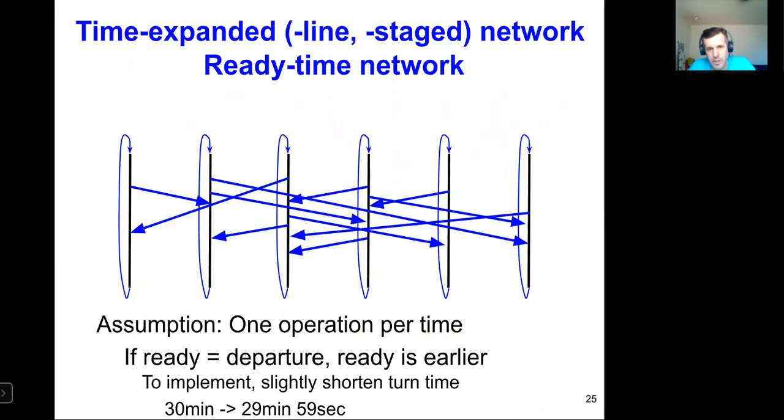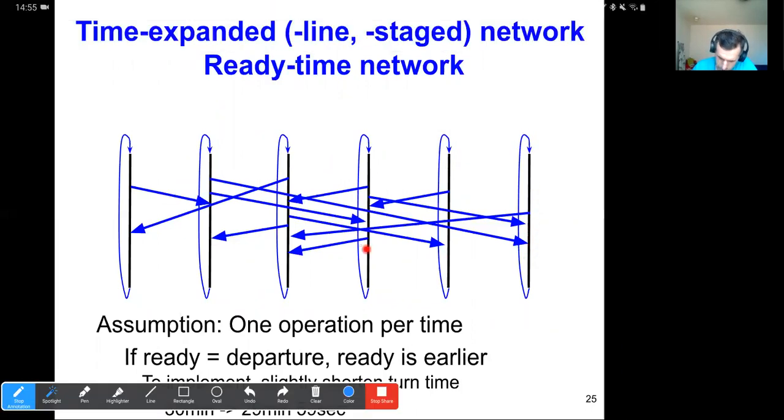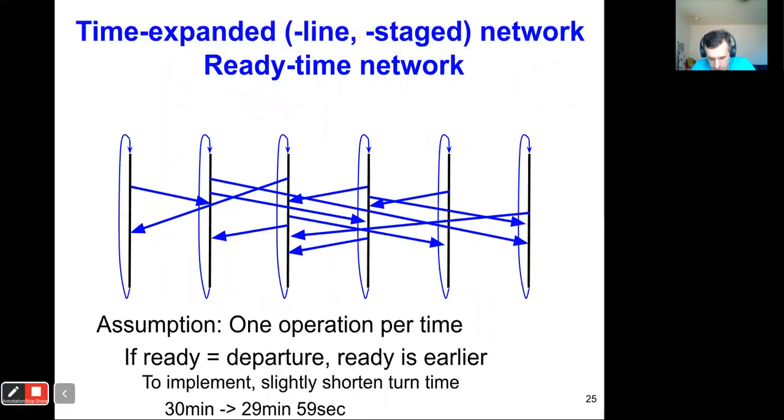Okay, so this is our timeline network, or time-expanded network, whatever the name of it. The important thing is that it has a line for every airport. It has these arrows representing different flights, and it has these remaining overnight arcs representing the aircraft staying overnight. We will assume that we always have different times for any operations.